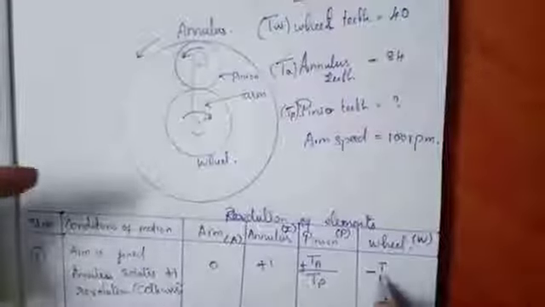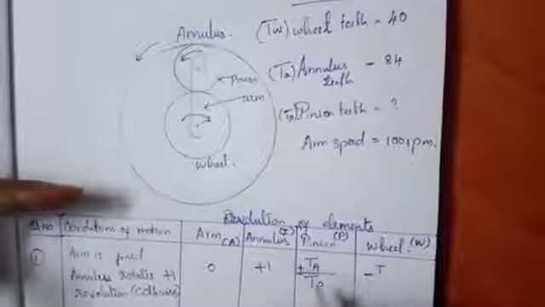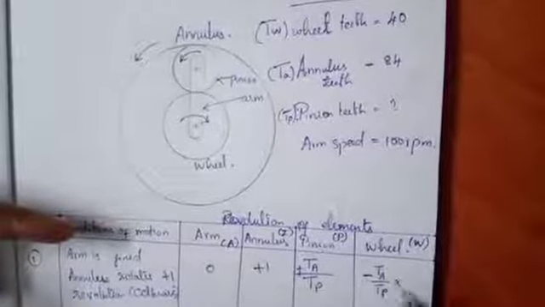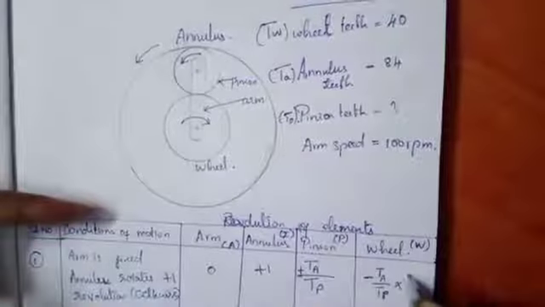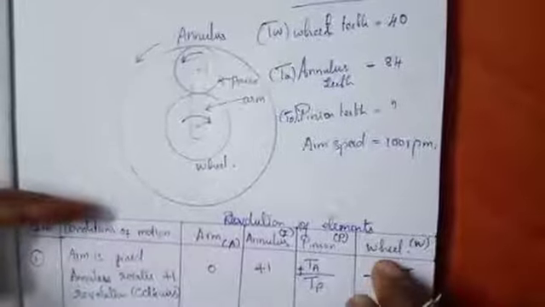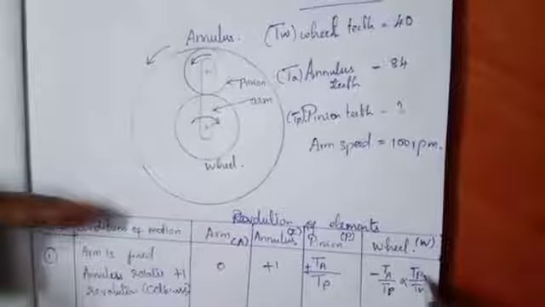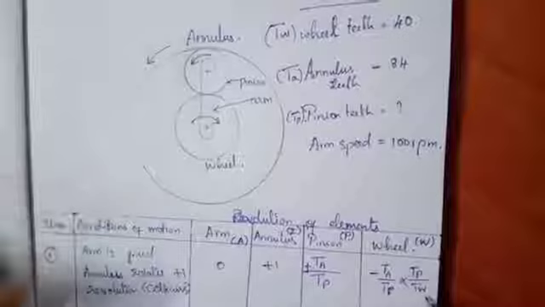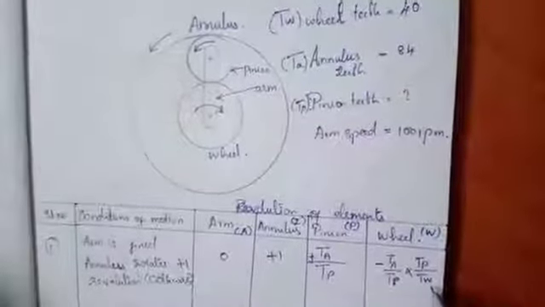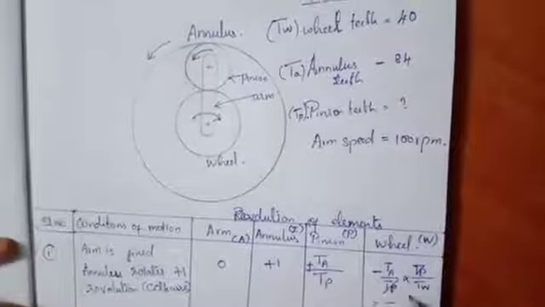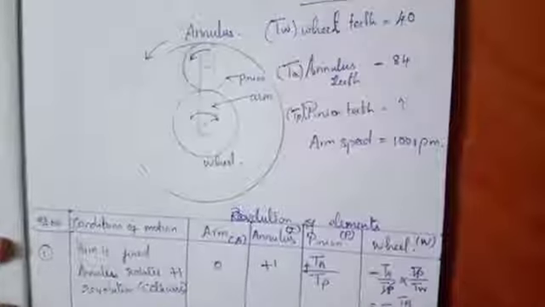So minus I have given based on the rotation of the wheel, and TA by TP is my initial speed given in. Now come to this wheel meshing. The wheel is meshed with the pinion. So the pinion is TP, the wheel is TW. The pinion is the driver, the wheel is your driven. So TP and TP get cancelled. That is equal to minus TA by TW. So this is the condition you will get for the wheel.